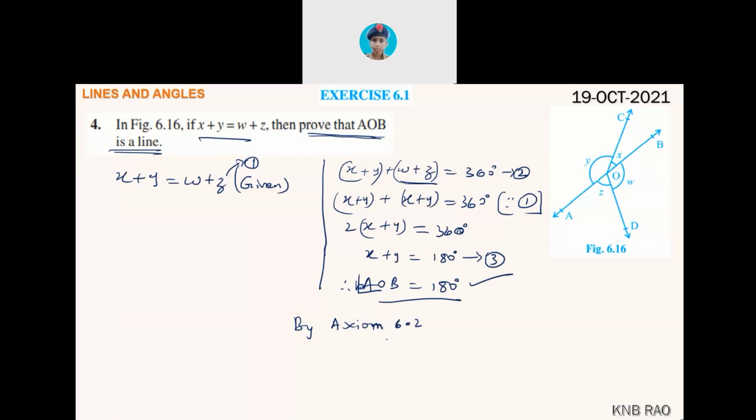When x plus y is equal to 180 degrees, the pair of adjacent angles are supplementary, then the non-common arms of the angles form a straight line. That is the axiom 6.2 statement.